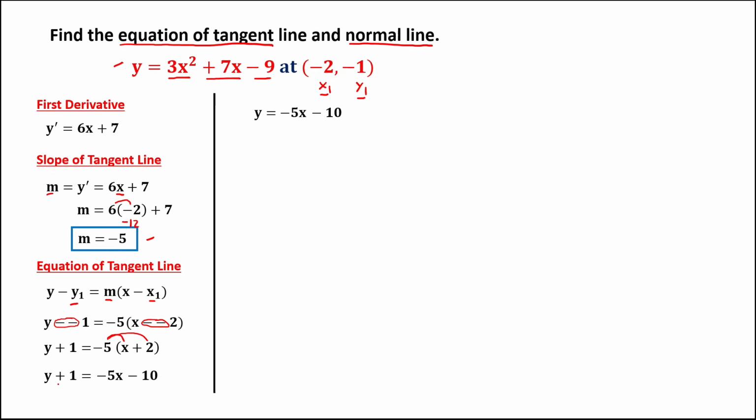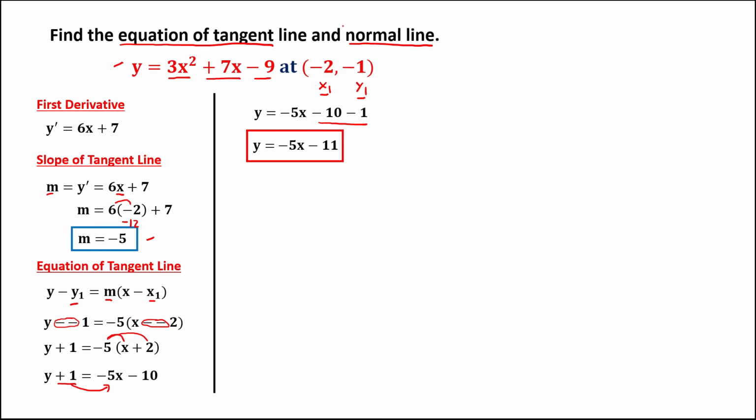Then we transpose this positive 1 to the other side, so it becomes negative 1. So y equals negative 5x, negative 10, negative 1, which is negative 11. So this is now the equation of the tangent line.